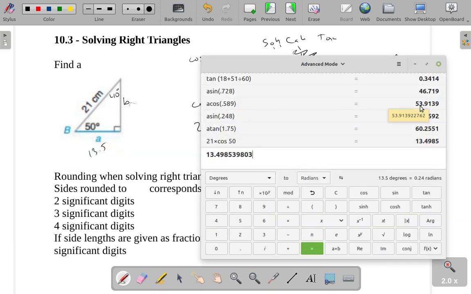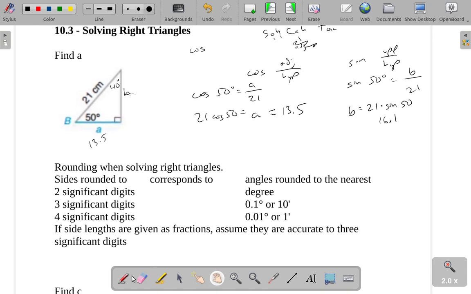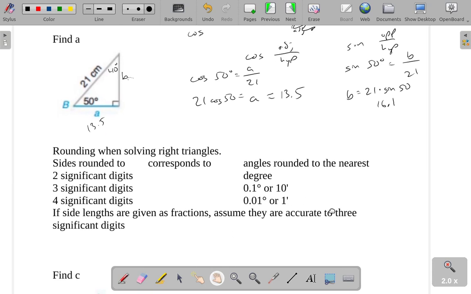Looks very similar to this previous problem, except instead of cosine, I now have sine. So 21 sine of 50 gives me 16.08, 16.1 we'll call it. I'm not rounding until the very end of the problem. It's always a good thing to make sure you don't round until the very end.